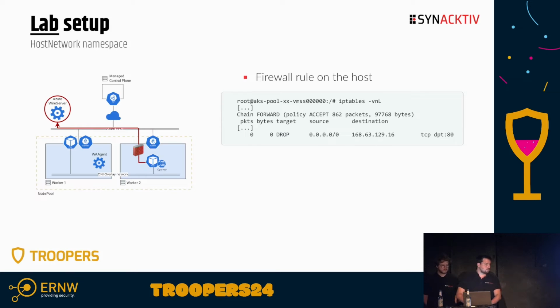But if a pod shares the host network namespace, in this case, the packets are not forwarded at all, because when you share the host network namespace, you access the host interfaces directly. So these rules don't apply, and you can access the wire server.